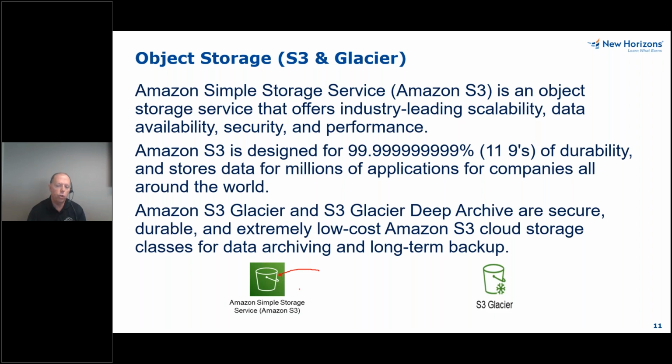When I create a storage bucket in the S3 service, I can dump any kind of data I want to in there. S3 doesn't care. Doesn't care if it's JPEG files, log files, Excel spreadsheets, files from my backup program, whatever. It doesn't care.